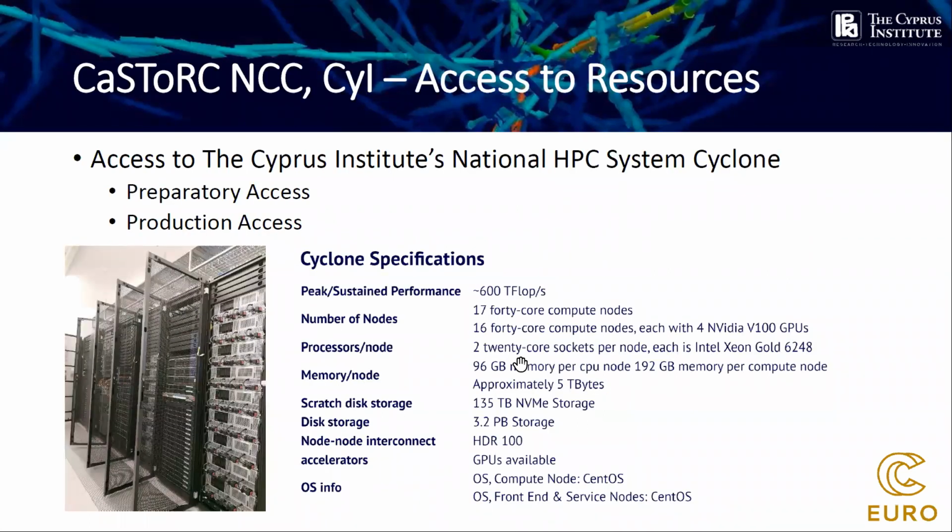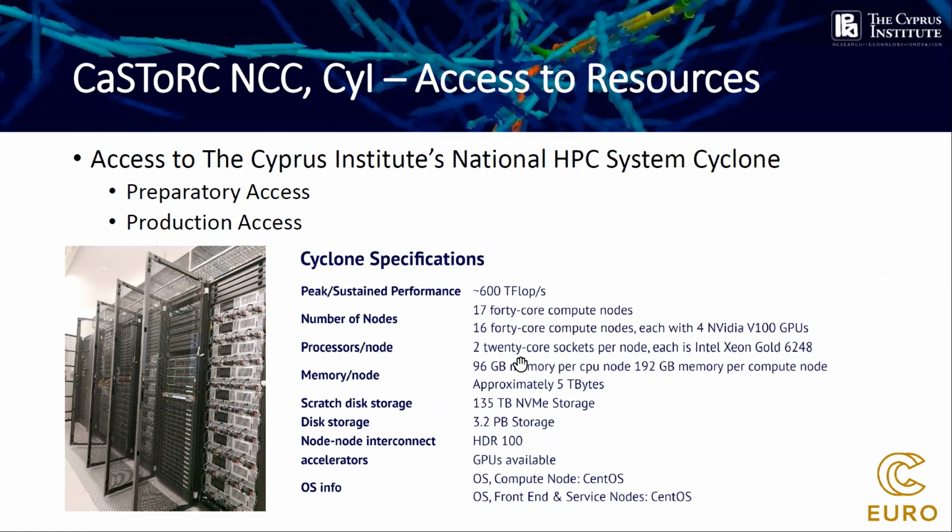Now, through CaSTORC and through the Cyprus Institute, people can access resources on the national HPC system, which is called Cyclone. It is a hybrid system composed of 17 compute nodes and 16 GPU nodes.